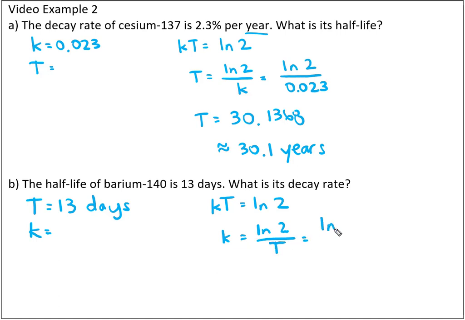That means we're going to take ln of 2 and divide by 13. My calculator tells me that's approximately 0.053. And so that translates into 5.3% per day. We always want our units to match up. Since the half-life was given to us in terms of days, we're going to do our decay rate in terms of days.